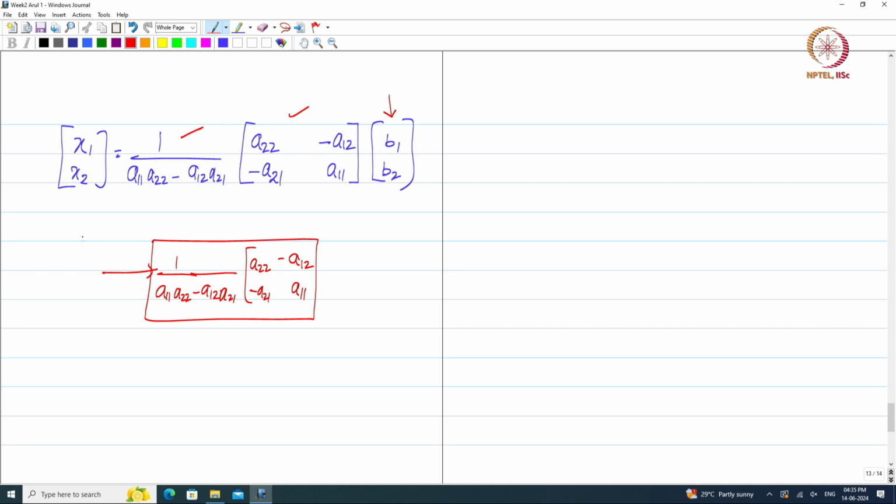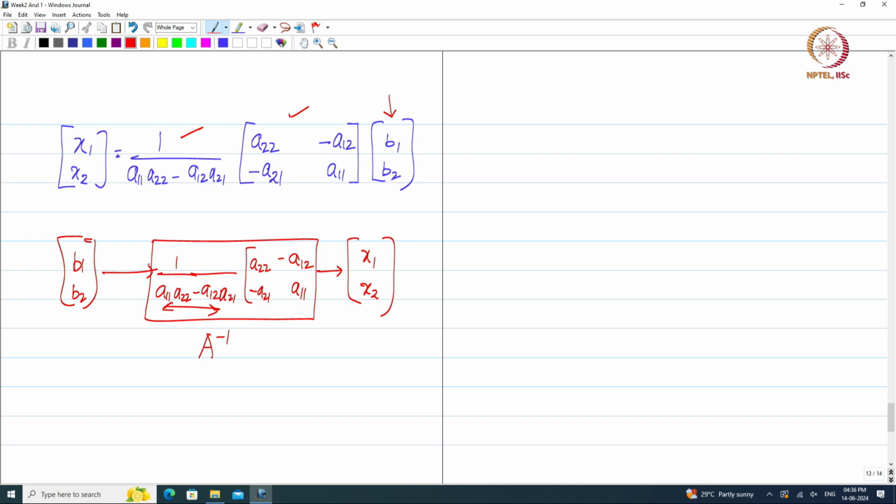If you give this b1 b2 as input to this system, you get the output to be the corresponding x1 x2, and this is what we call the inverse of the system A, which is actually dependent on the determinant. If the determinant is 0, then we say that the inverse does not exist.